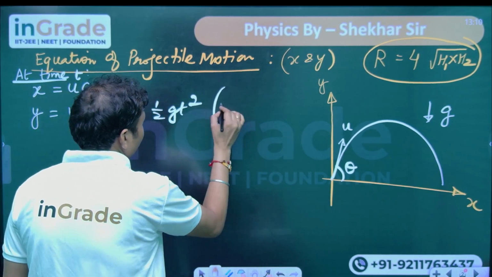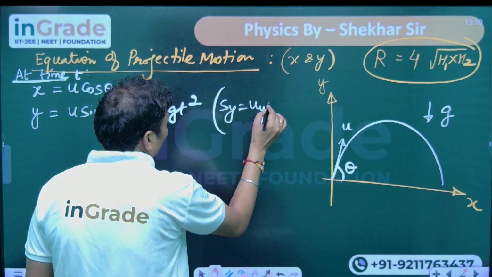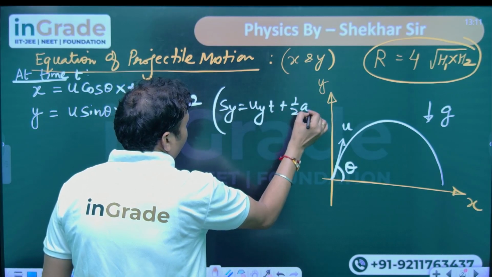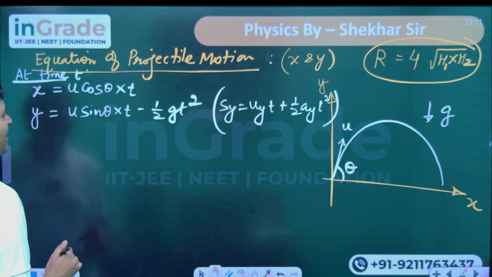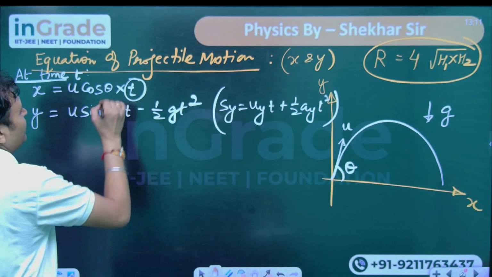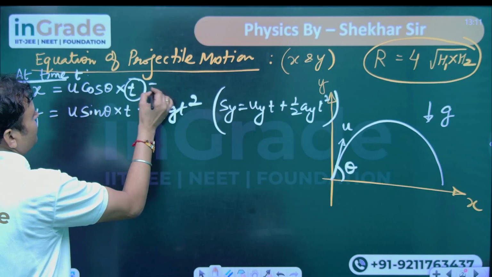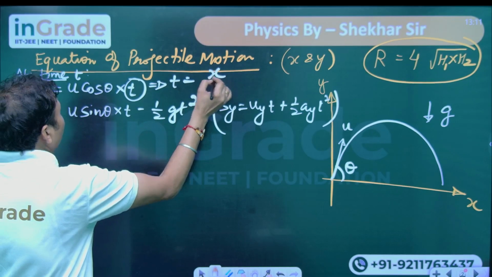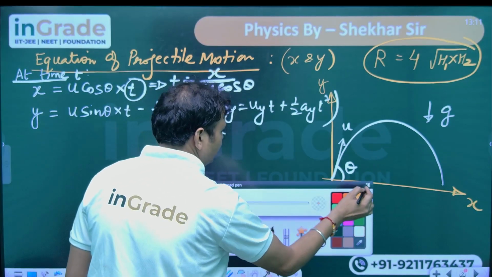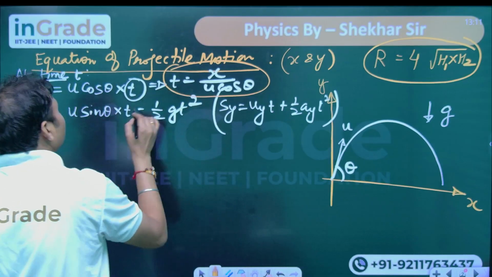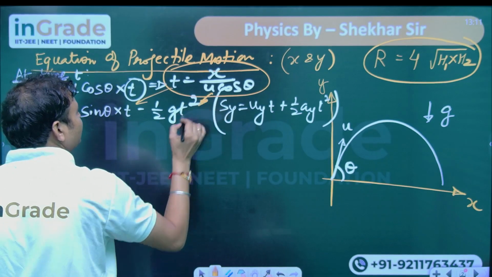What we have used is Sy is equal to uy t plus half ay t square. We are interested in developing a relation between x and y, so this t can be replaced. We can say t is equal to x upon u cos theta, and this can be replaced in the second expression.